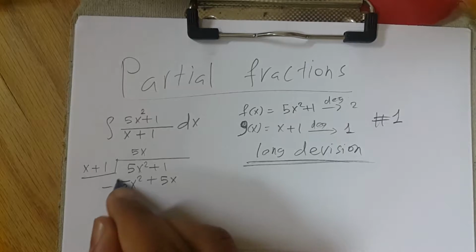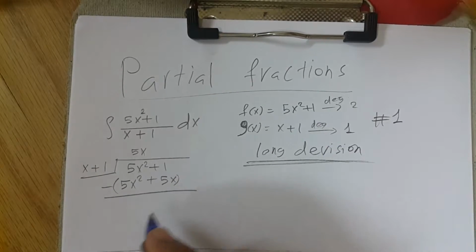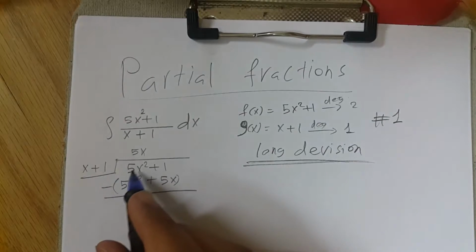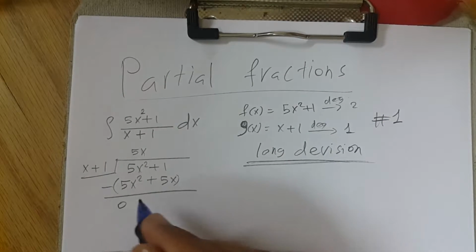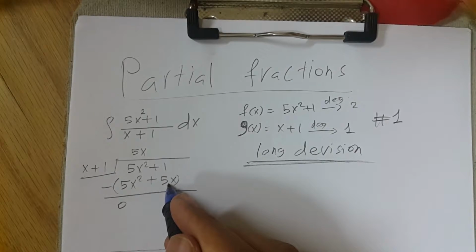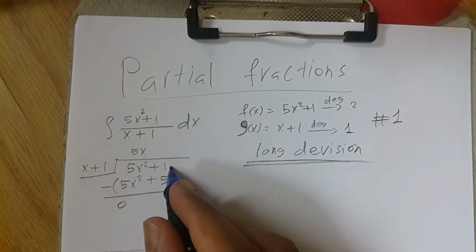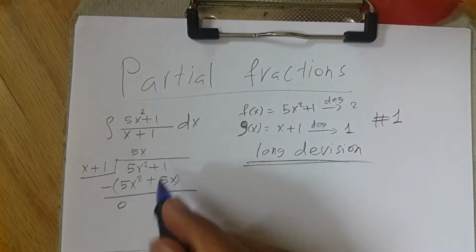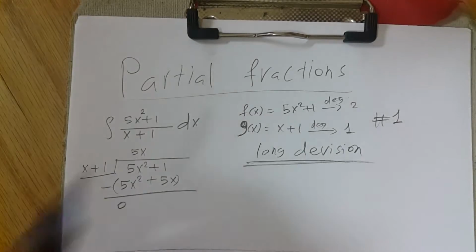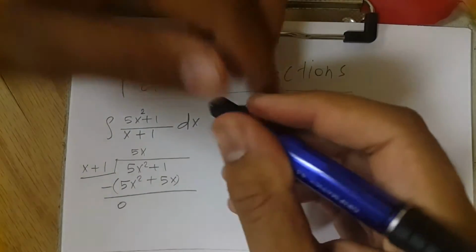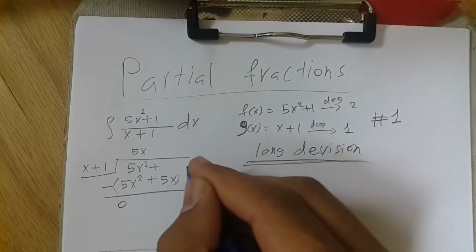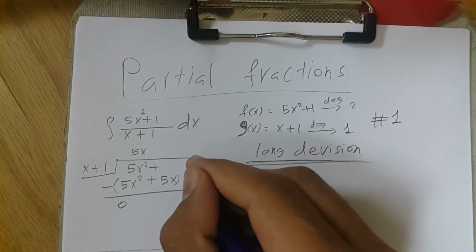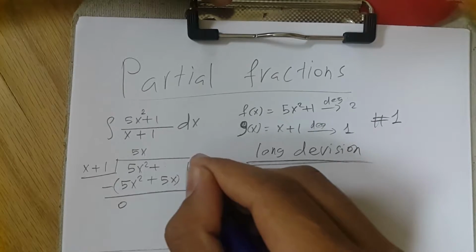Now we have run into a problem, and you will discover it right now. We will need to subtract for sure. This is the idea of the long division. If you subtract 5x squared from 5x squared, you will get 0. And 1 minus 5x, it's not the way we do it. We do it depending on the degree. The degree of 1 is 0, because it doesn't have a variable, or you can say it is 1 times x to the power of 0.